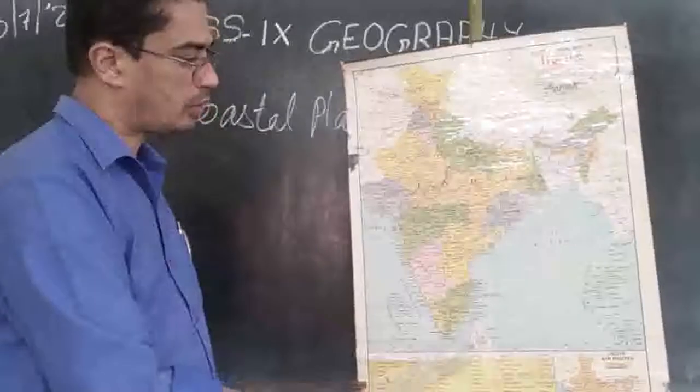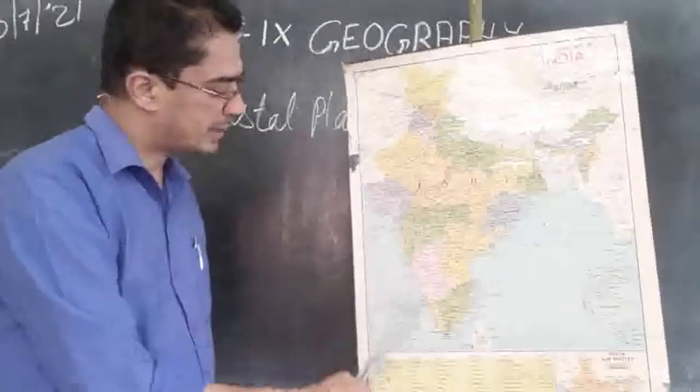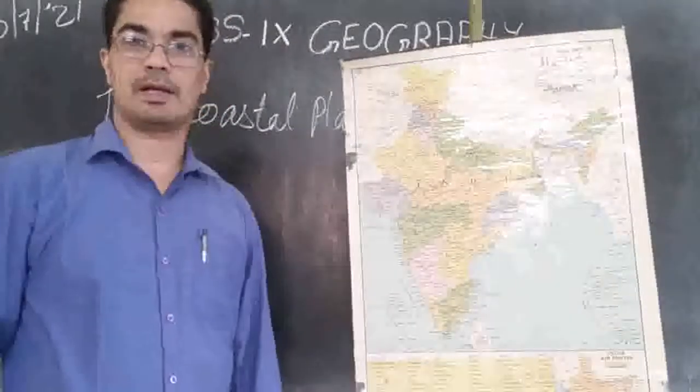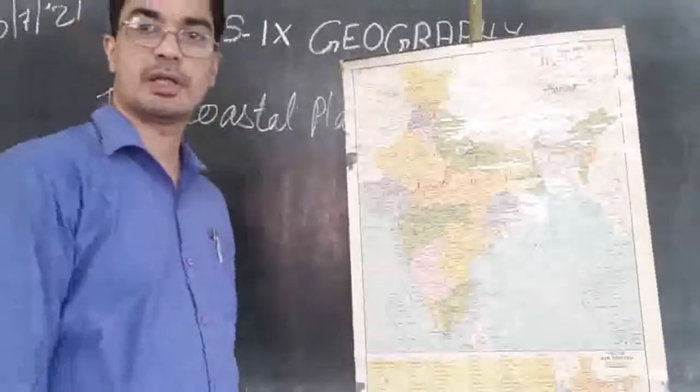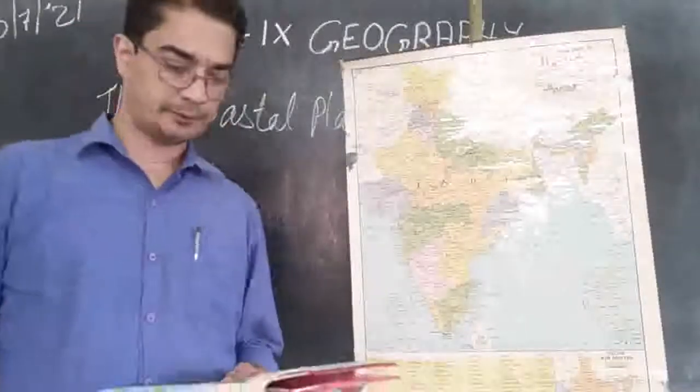So we have such a long coastal area, and on both sides, between the land and the sea, we have plain land. That is what we call coastal plain. That is what we are going to see.